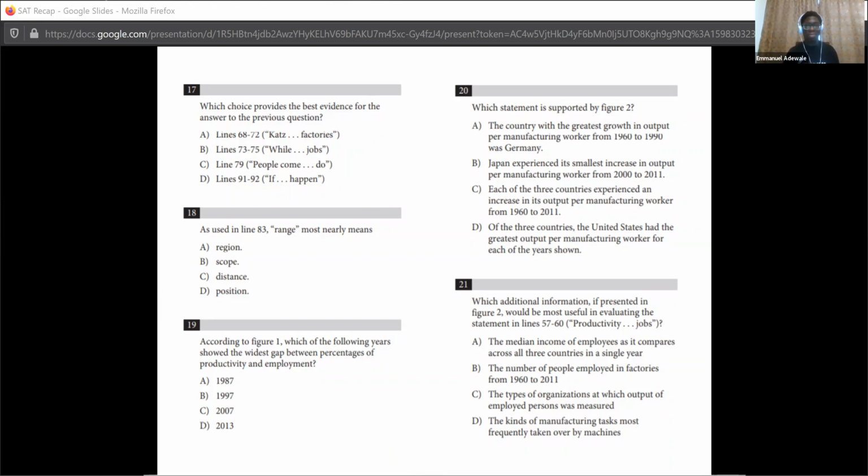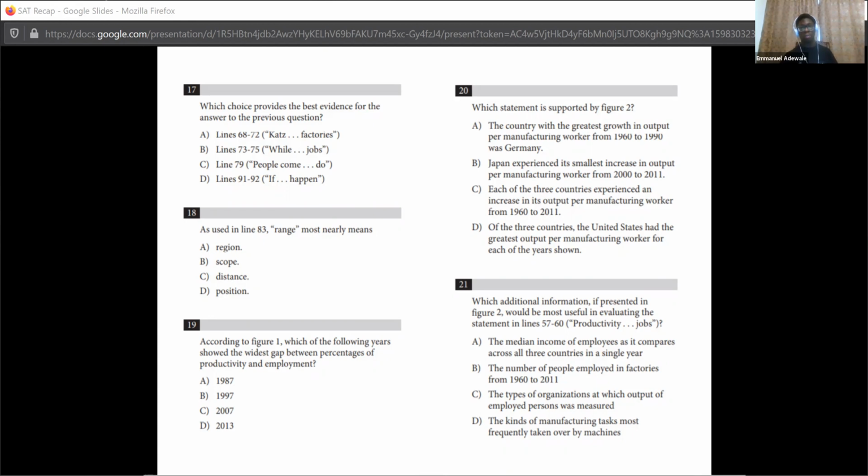All right. And also, just a heads up. Certain reading passages may include figures to give a more complete picture of what's being discussed. And other times, like we're seeing now, the figures will be the subject of certain questions.